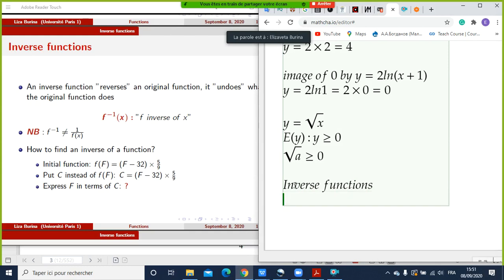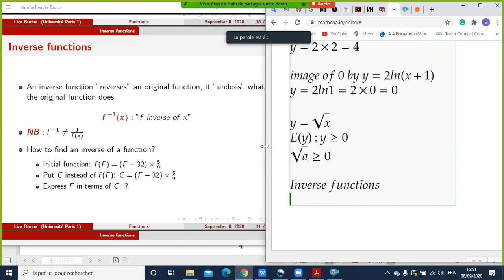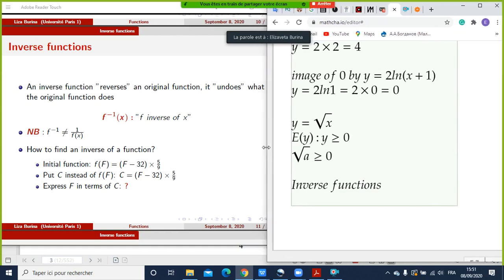Okay, great. So this unfortunately is also very important. An inverse function reverses an original function and it undoes what the original function does.